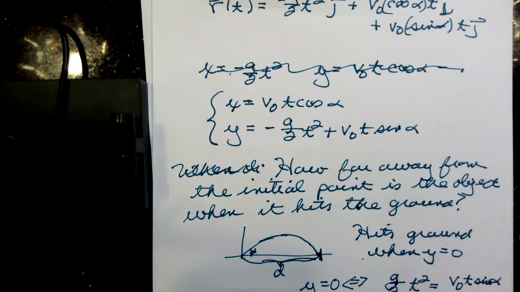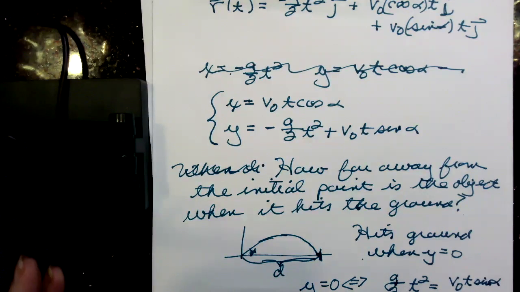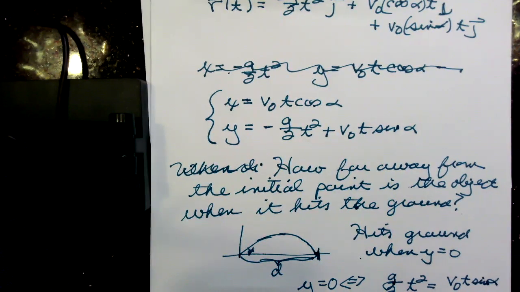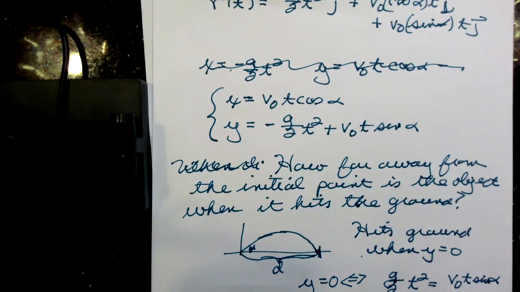Solving for t, we don't want to count the t equals 0 point. We knew that, we started from ground level. The other value of t that will work is t equal to 2 v0 sine alpha divided by g. So that's when it hits the ground.